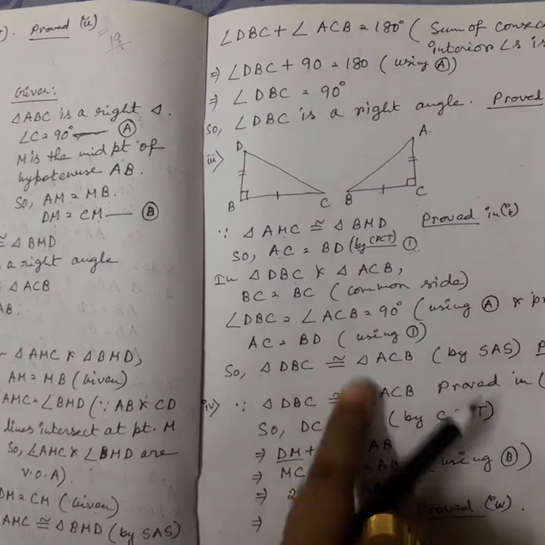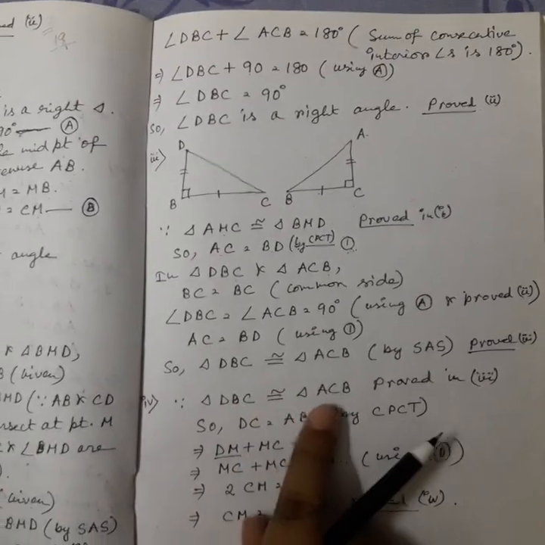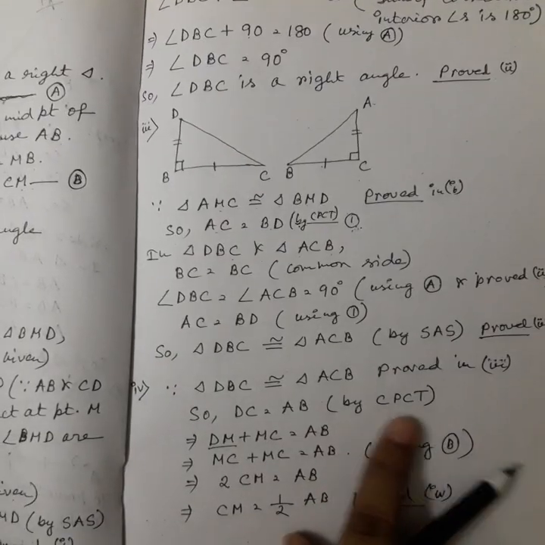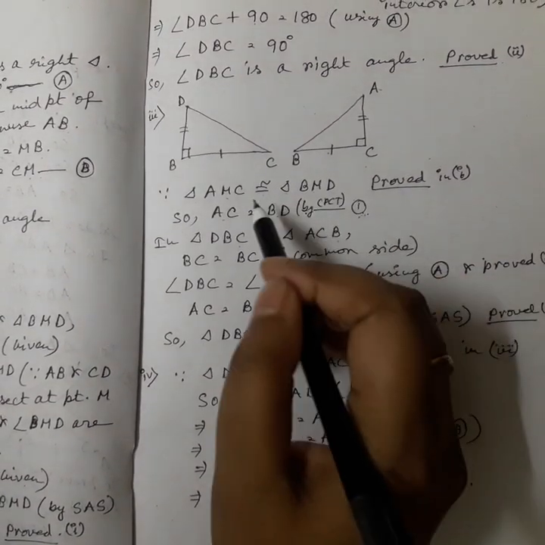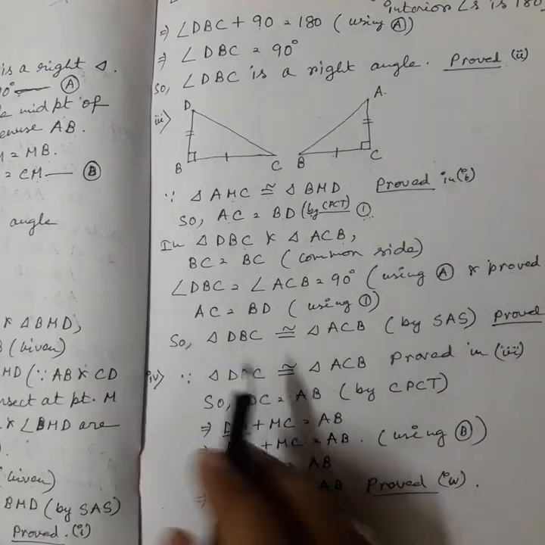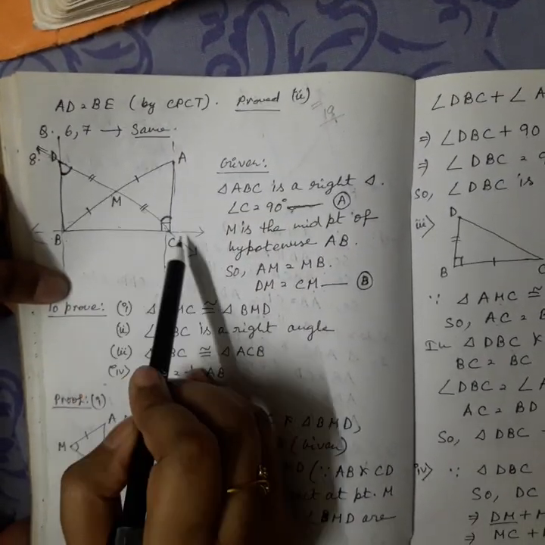Now we go to part number 4, CM equals half of AB. Since triangle DBC is congruent to triangle ACB, we can write DC equals AB by CPCT. DC equals AB we have written, and what does DC mean? Just see the figure. DC means DM plus MC.